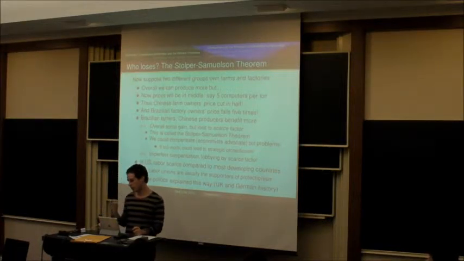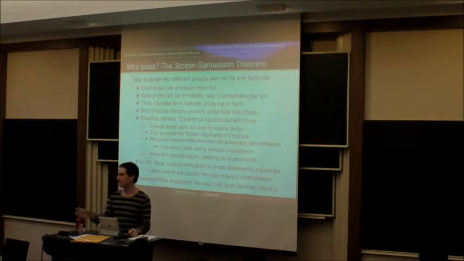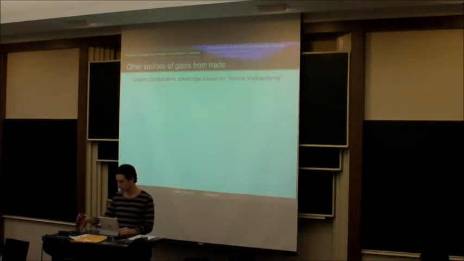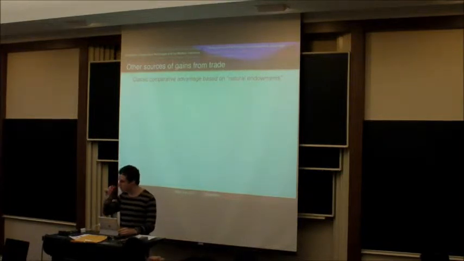So there's been efforts to use the Stolper-Samuelson theory to think about why different coalitions form politically in different countries, and explain things like why the politics of Britain was so sort of positive, and why the politics of Germany was so poisonous.